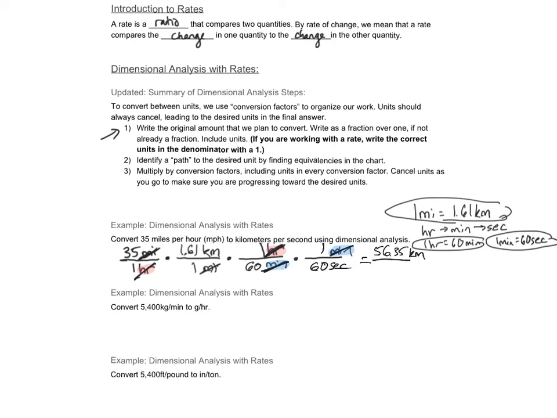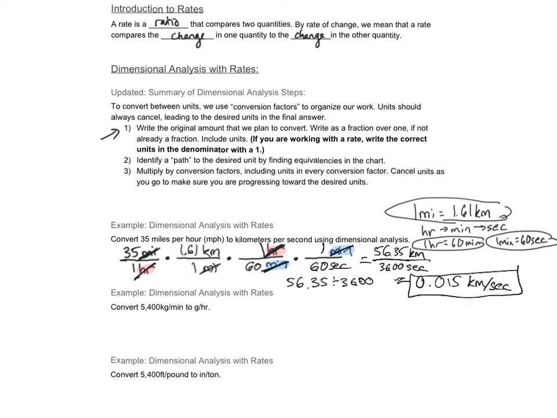And then I have 1 times 1 times 60 times 60, and the units that are left in the denominator are seconds. And so now I go to my calculator and I divide 56.35 by 3,600, and I get that this is approximately equal to 0.015 kilometers per second.